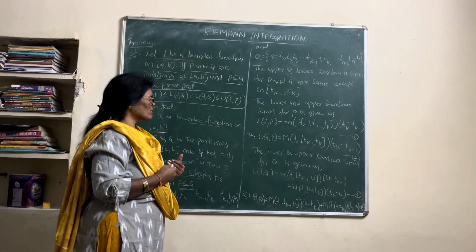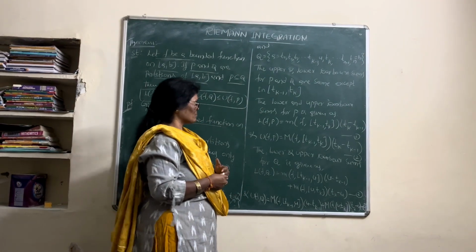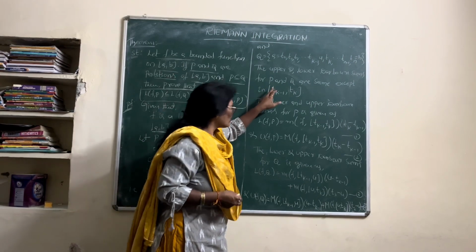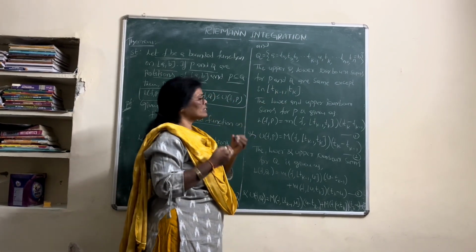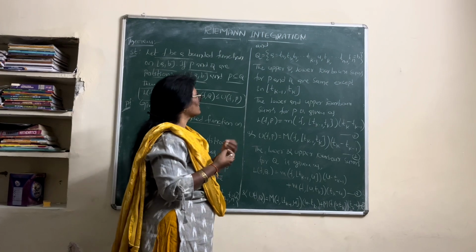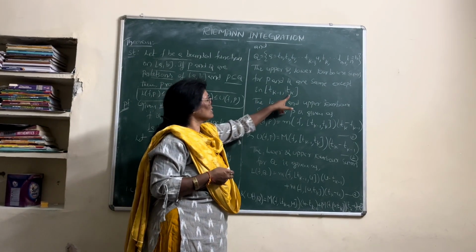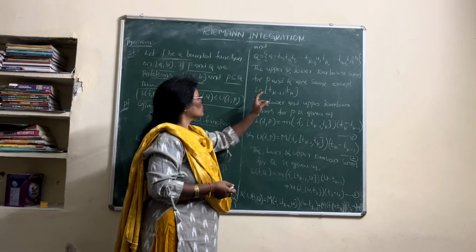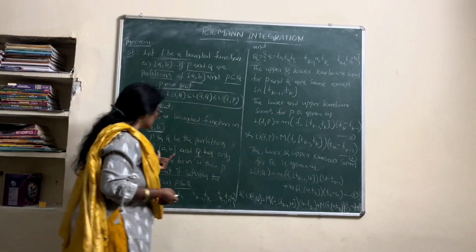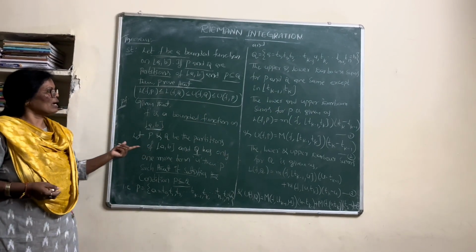So the upper and lower Darboux sums for P and Q are the same except in the subinterval [t(k-1), tk]. This [t(k-1), tk] is a subinterval of the closed interval [a, b].